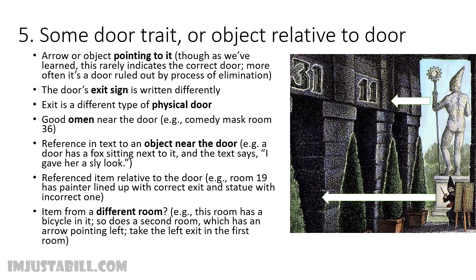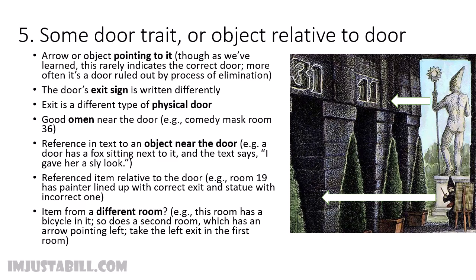There may be a referenced item relative to that door. So in room 19, there are 2 exits and there are 2 main objects in the room. There's a statue and there's the artist. And my hypothesis is that the statue refers to the exit that's further away in the room, the artist, the one that's closer to us.